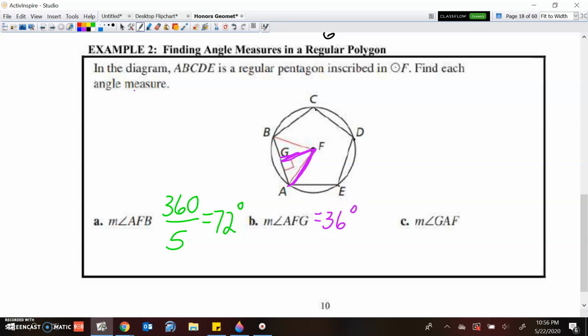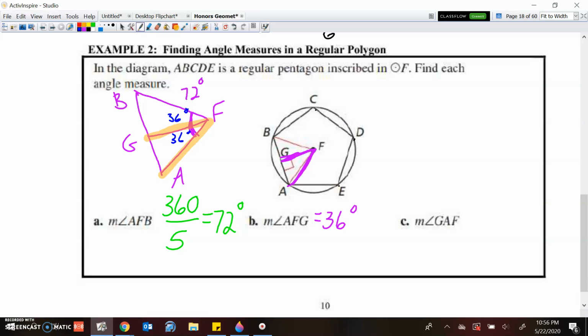AFG is half of that 72, so this is going to be 36 degrees. If I redraw that triangle, this is B, this is F, this is G, this is A. If this whole thing was 72 and I'm bisecting the angle, then just this portion, AFG, is going to be 36, because 36 and 36 makes 72.